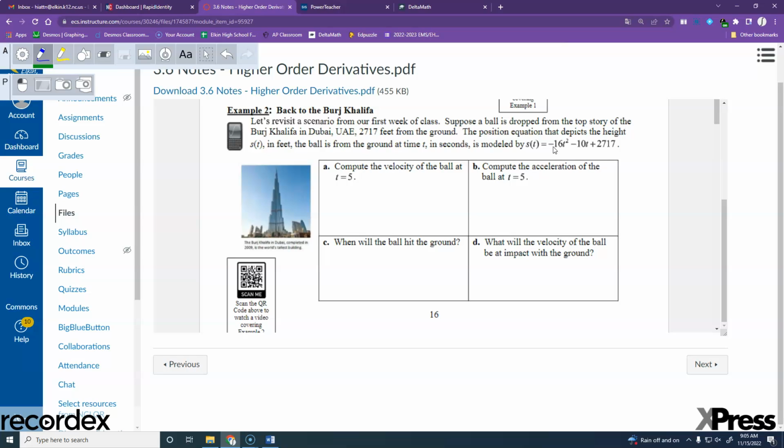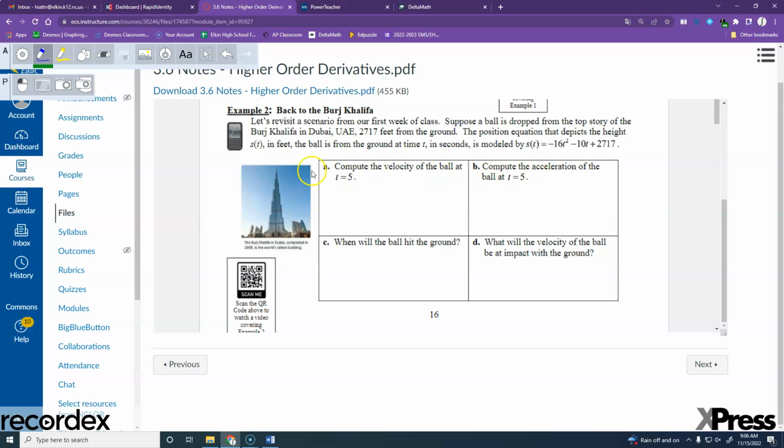So if you are in physics, you would see instead of -16 here, if you were doing meters and seconds, you would have, I think, -4.9 for that. Yes, it would be 4.9, because whenever you took the derivative, that would give you 9.8. This is your initial height right here. This is your beginning velocity that you have here, but that's not necessary for you to know right now.